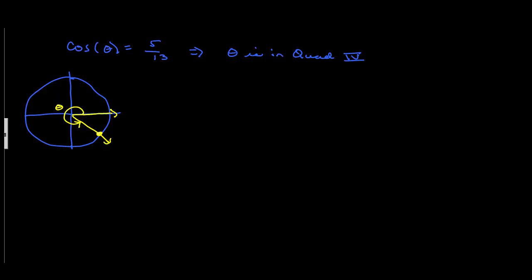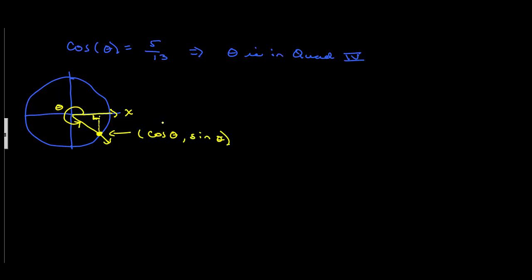So now if we draw this out, if we drop a vertical back down, I should say up, to the positive x-axis, this point right here at the intersection, its x-coordinate is the cosine of theta, and its y-coordinate is the sine of theta.